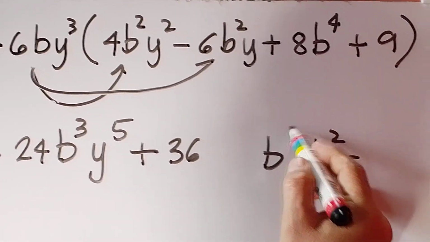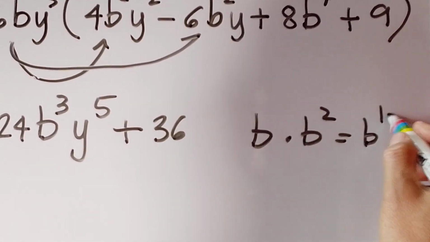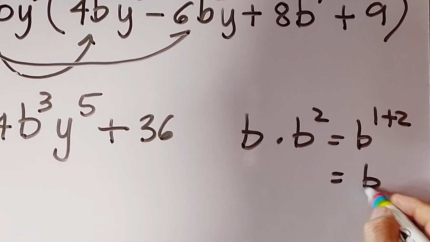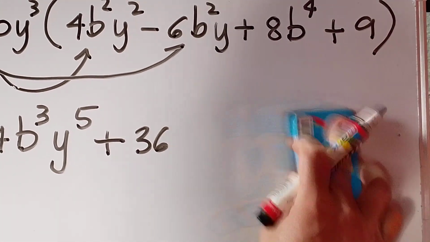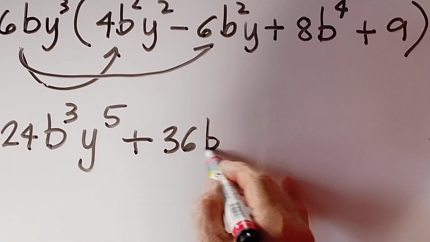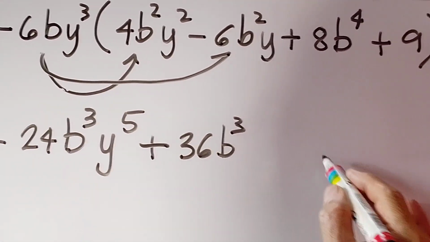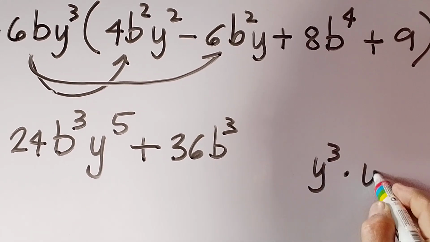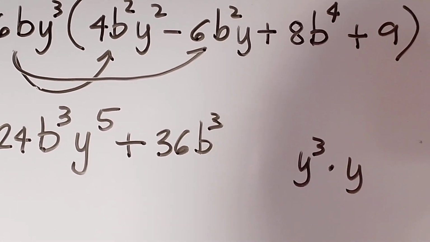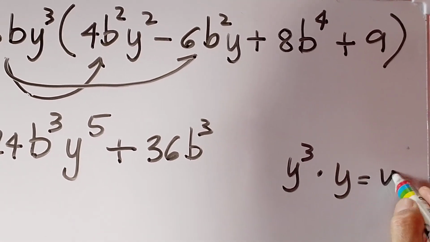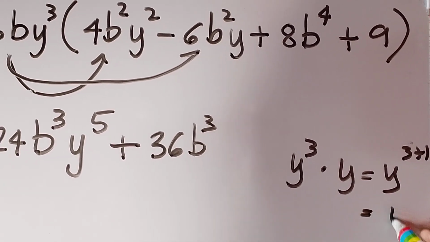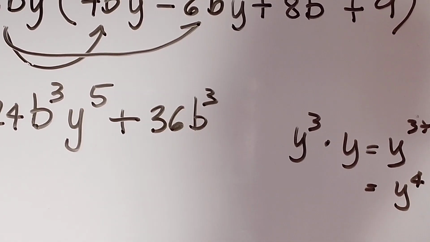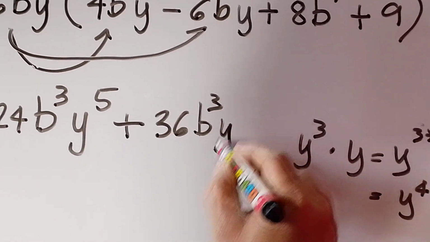Again, there is 1 in here. So b to the 1 plus 2 is equal to b cubed. Then y cubed times y. Just add. There is 1 in here. So 3 plus 1 is equal to y to the fourth.